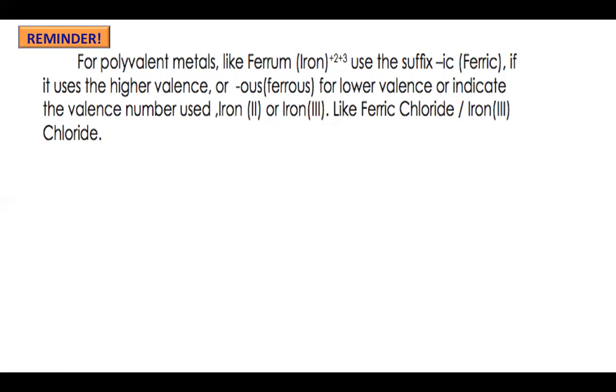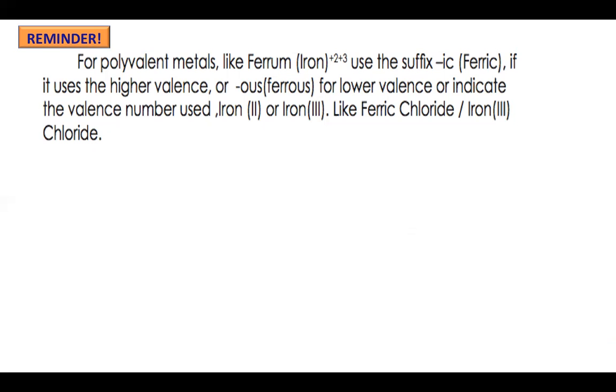So what is the rule? Like ferrum, kasi ferrum naman ang iron. So you have positive 2 or positive 3. Kasi yung ang term ng Latin word ng iron, ferrum. Use the suffix IC, become ferric. Maging ferric din daw siya if it uses higher valence electron.